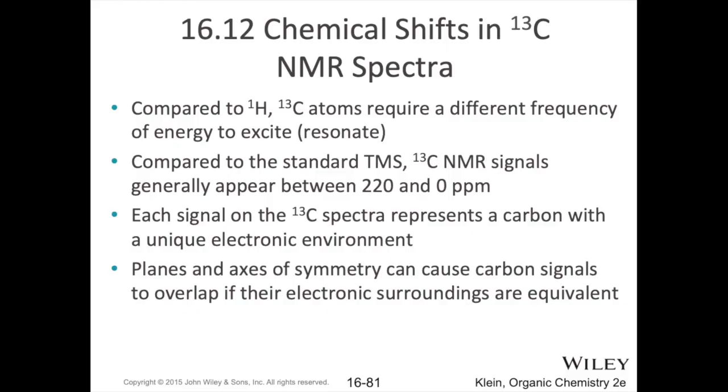Another thing you'll notice in terms of the difference between a proton NMR and a carbon-13 NMR is the range on your x-axis of where you see signals. Instead of seeing signals between 1 and 10 ppm, you wind up having a very large range from 0 to 220 ppm, compared to your TMS standard.